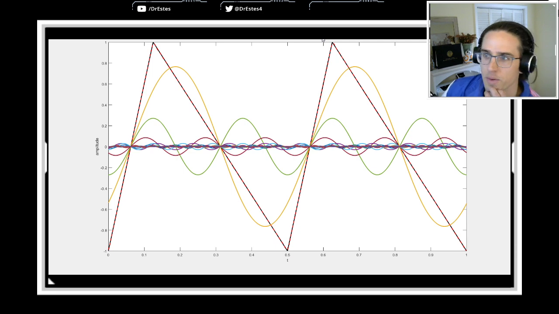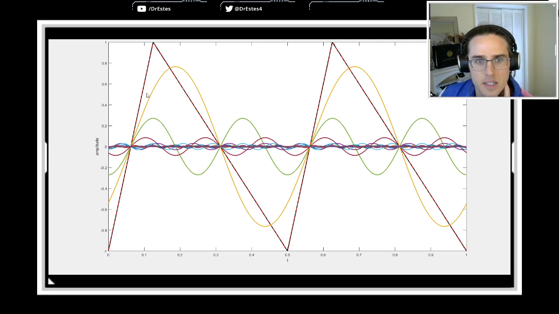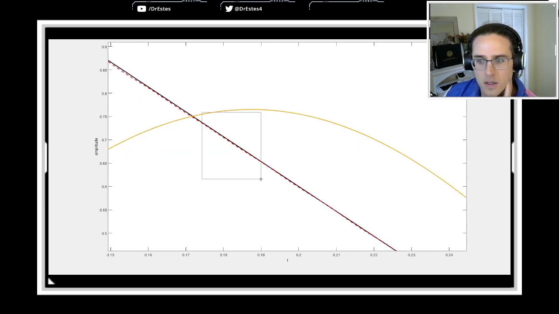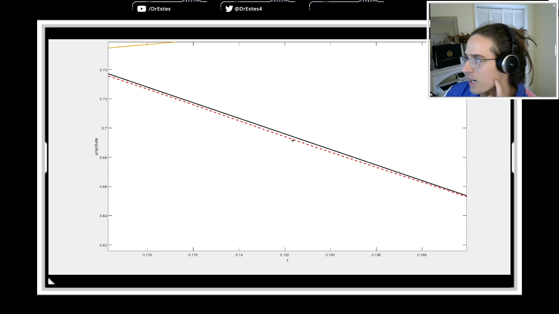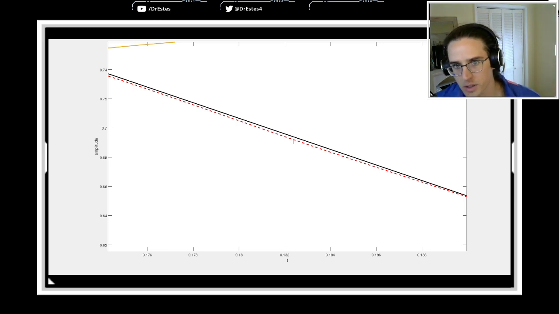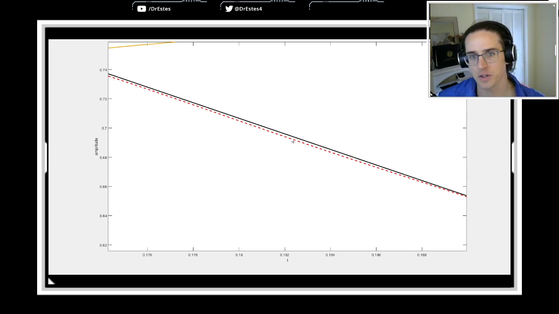Okay, so the original signal is this sawtooth, right? And on top of this sawtooth, I have this red dotted line. It's kind of hard to see. But this red dotted line is the reconstruction of the signal using a bunch of sinusoids.